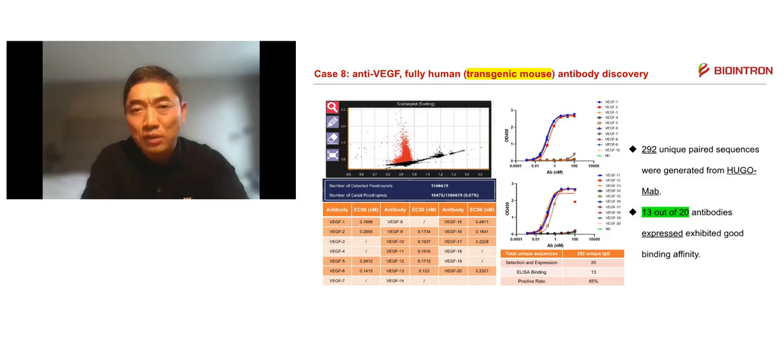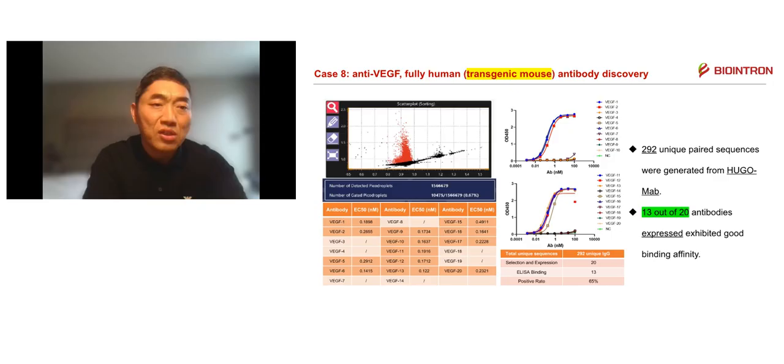This transgenic mouse model called HugoMap is from our partner called Cyagen. They developed this transgenic mouse by replacing the mouse heavy chain and light chain regions with human ones. Okay, now back to this case study. The target is VEGF.